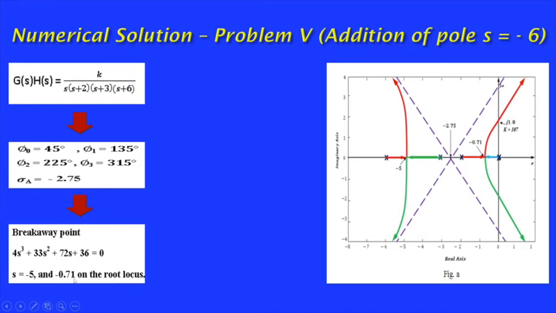From this equation we get 3 roots, but only consider these 2 roots, minus 5 and minus 0.75, because these 2 roots lie in the root locus. One is minus 5, another is minus 0.75. So these two are breakaway points.